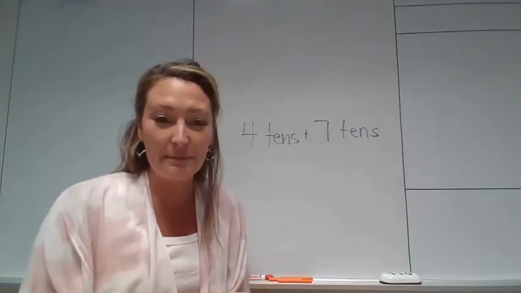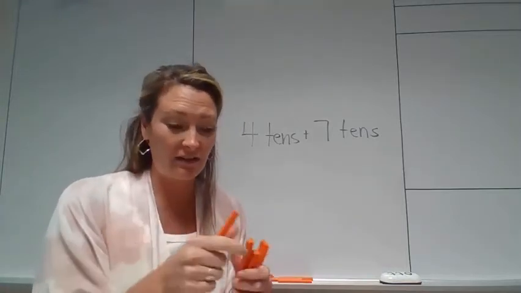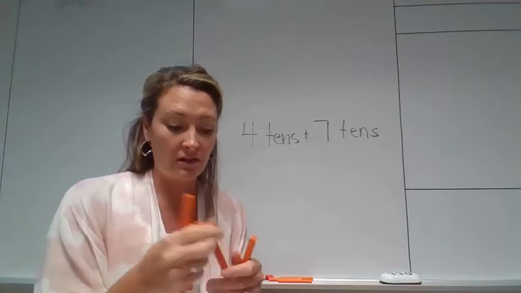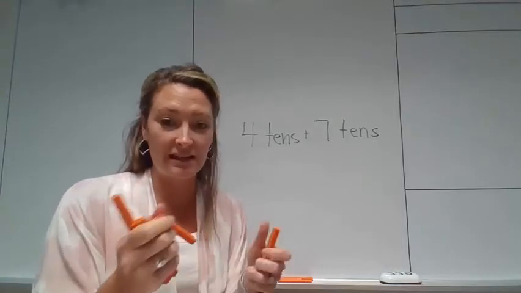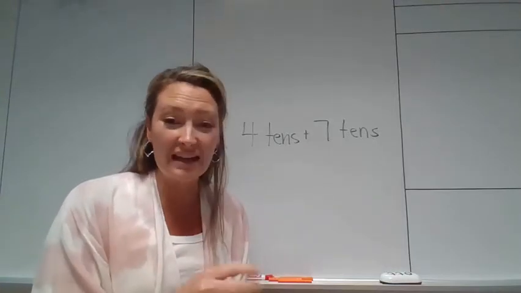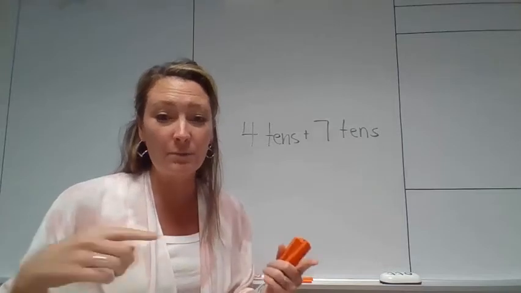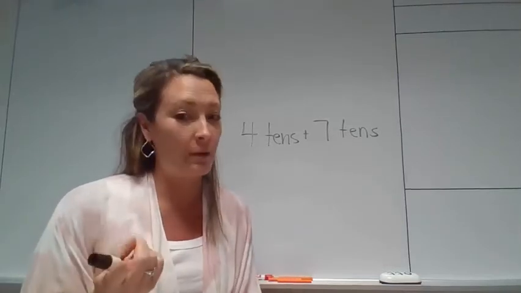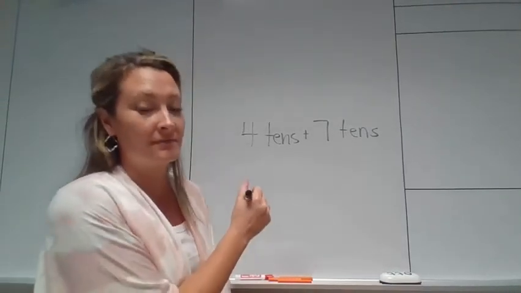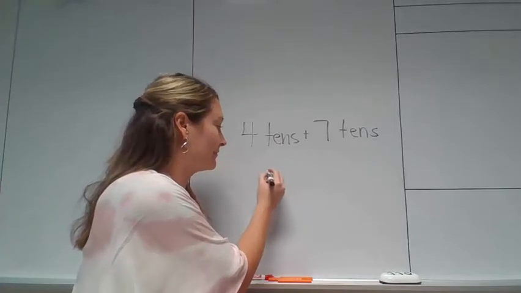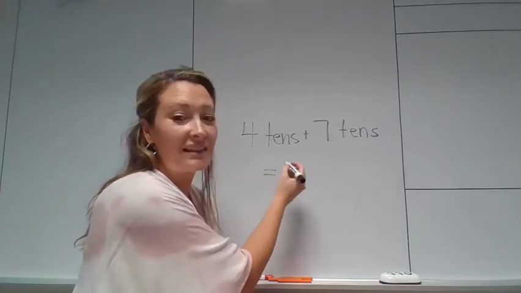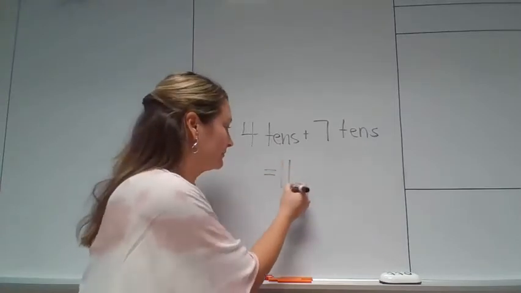And I can add my 4 tens to 7 tens, 1, 2, 3, 4, 5, 6, 7. So how many tens would I have in all? 4 plus 7, I would have how many tens? It equals 11 tens.